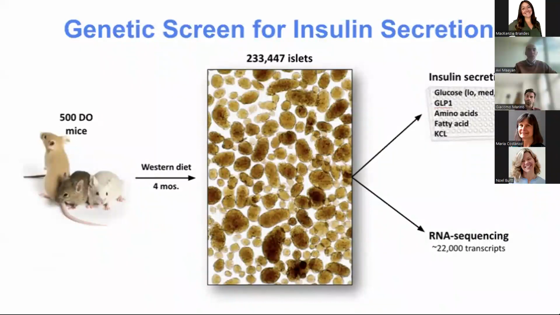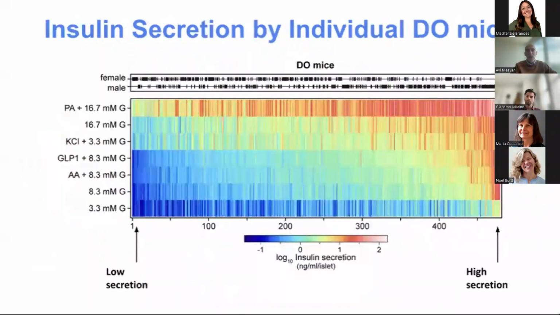Then you can look at the insulin secretion. This is a visualization of the insulin secretion across the mice. The mice are the columns, and the levels of insulin secretion are the rows. You can see that there is a range for different mice based on their genetic background: they're more or less responsive to secreting insulin.